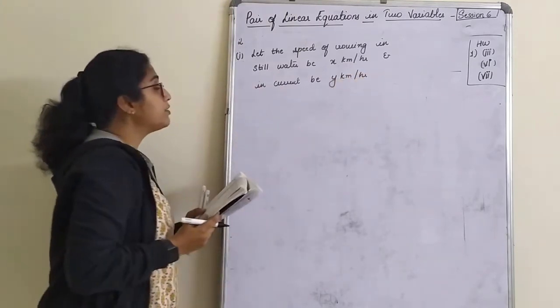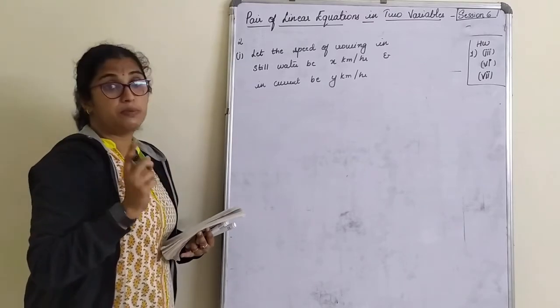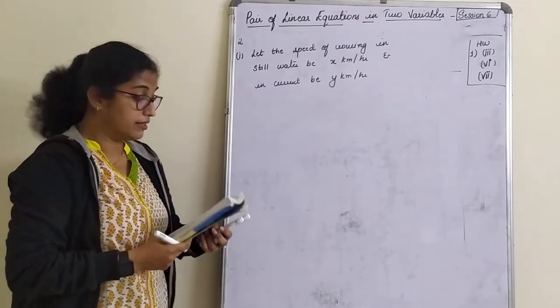So we understood the speed of rowing in still water and the speed of the current are x and y kilometer per hour respectively.